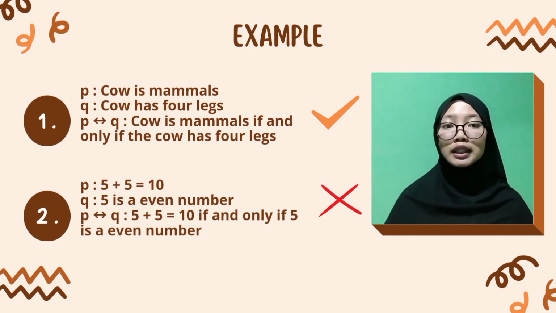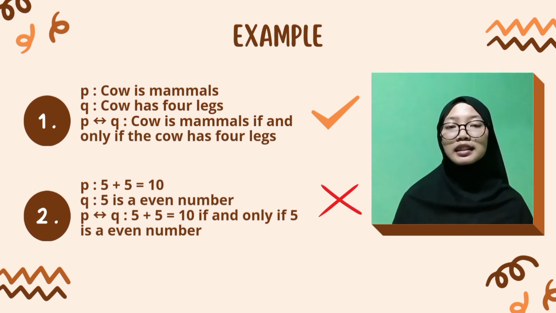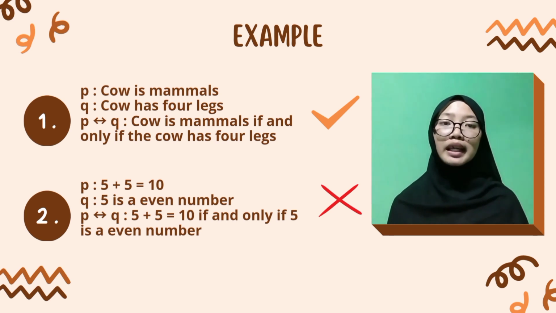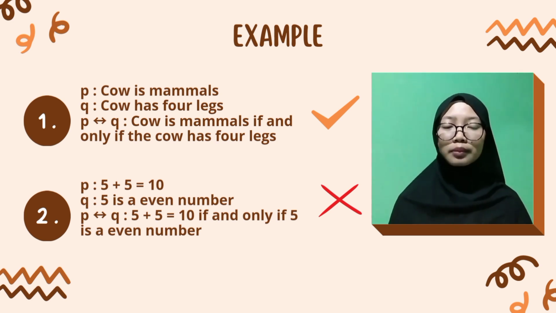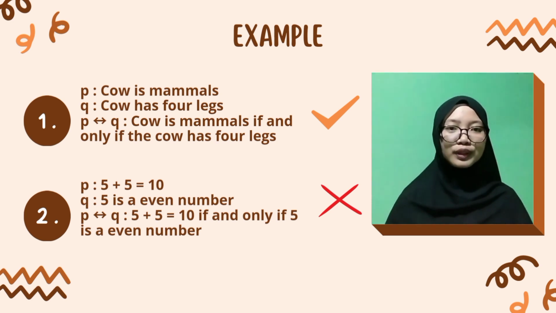This biimplication is false. Why? Because P and Q have different truth values, where the P statement is true and the Q statement is false. So the biimplication is false.